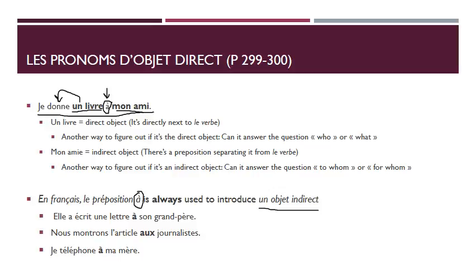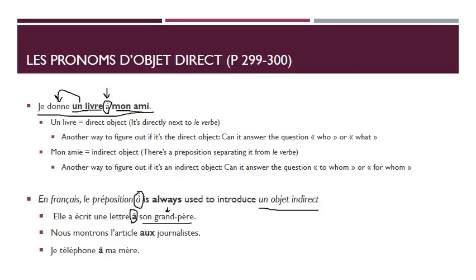So, par exemple, elle a écrit une lettre à son grand-père. So, where's our objet indirect? It's going to be after the à, which means it's going to be son grand-père. So she wrote a letter to her grandfather. Voilà. So there it is, right there.